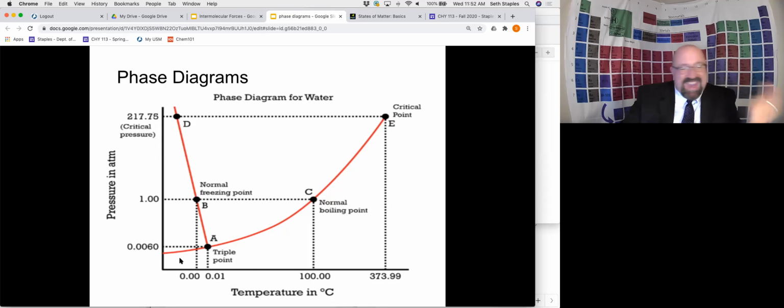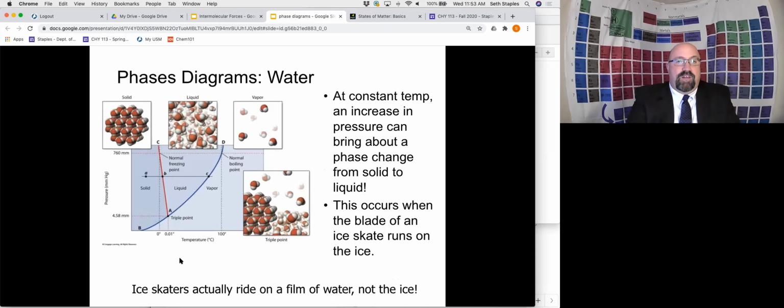But remember, way back in September, we talked about various phase changes, and two of those were sublimation and deposition, where a substance, for instance, if it sublimes, goes directly from the solid to the gas phase, skips the liquid phase entirely. Carbon dioxide does this. Let's go to our carbon dioxide phase diagram.